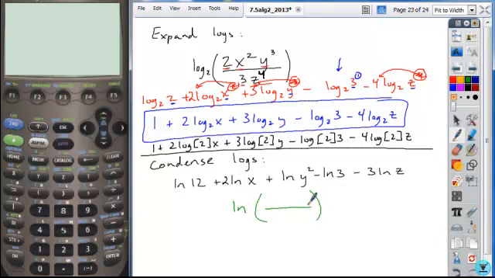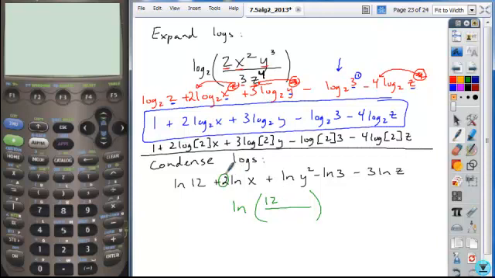Okay, and now we can put any values inside the logs that are positive as factors of the numerator. Any values that are inside a log that has a negative in front of it are factors of the denominator. So as we go through here, the natural log of 12 is positive, so the factor 12 goes in the numerator.